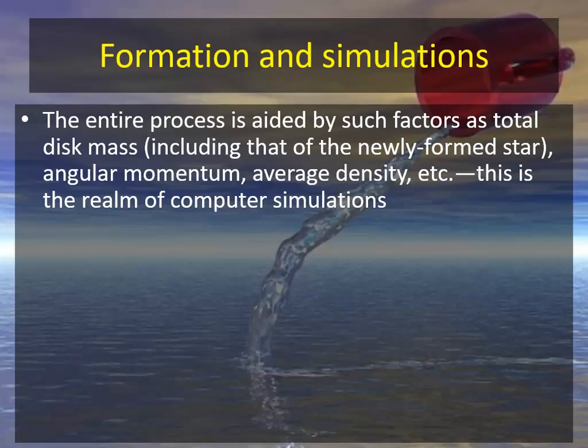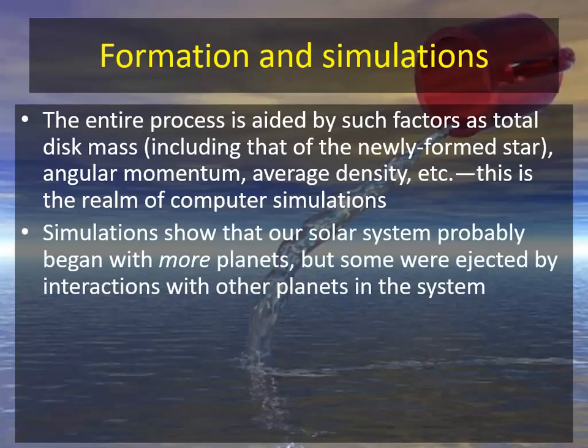And this is highly dependent on things like the initial angular momentum of the system, the average density as a function of position, and those sorts of things in the newly forming disk. So that's why not all newly forming systems are going to be the same, even if they form around the same massive star.